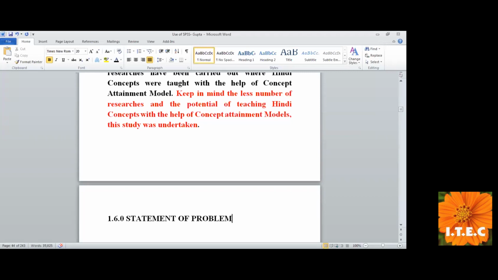When the caption heading is statement of the problem, you cannot write paragraphs and paragraphs, pages and pages. But anyway, the people have written and the examiners seem to have approved. So that is what is important.